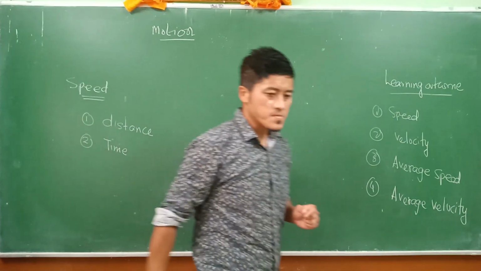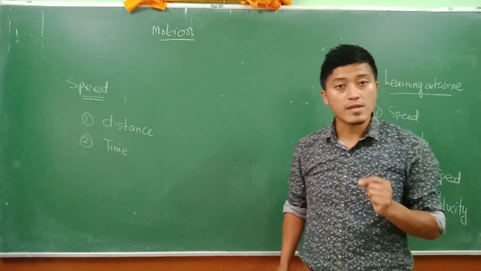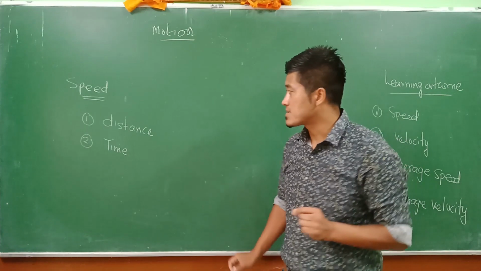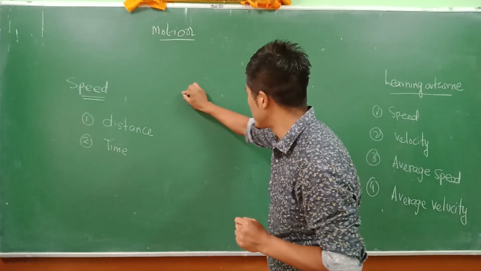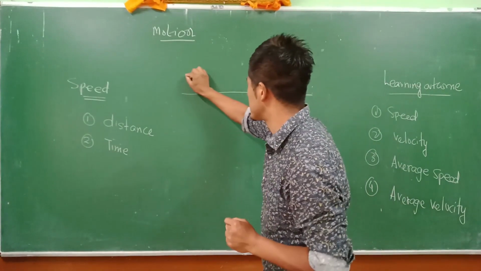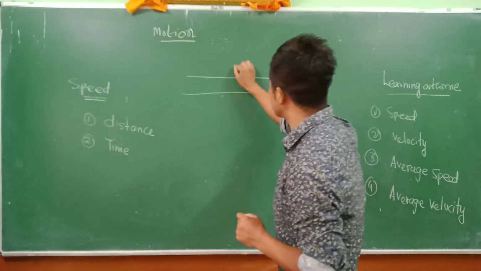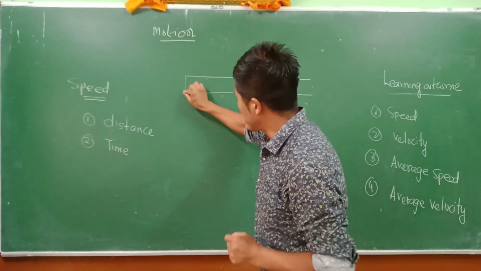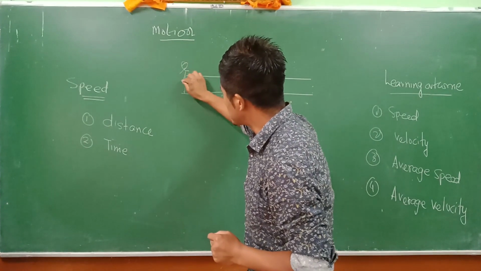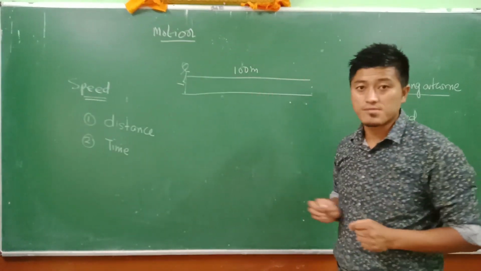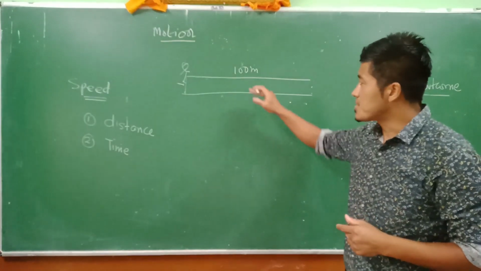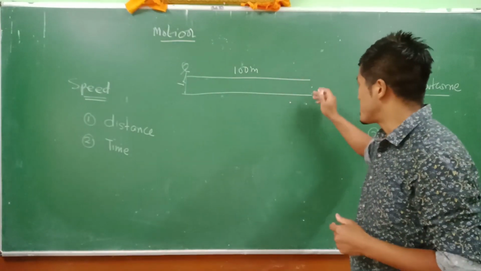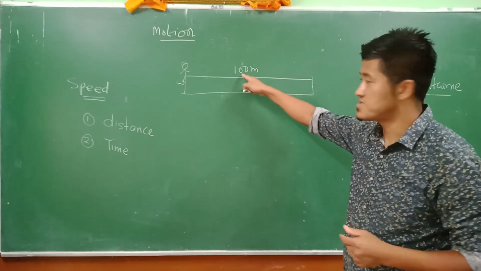We have our school athletic days, right? During that we have students running a 100-meter race. Imagine this is a 100-meter race, and there is a student who is going to run it. To complete this race, the student has to finish this 100 meters.